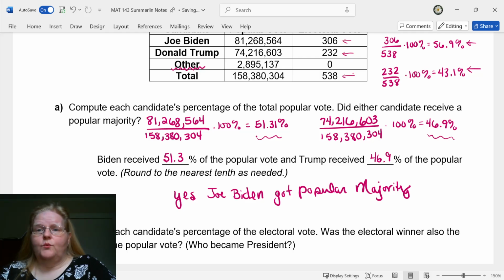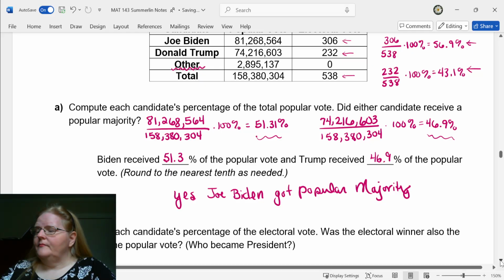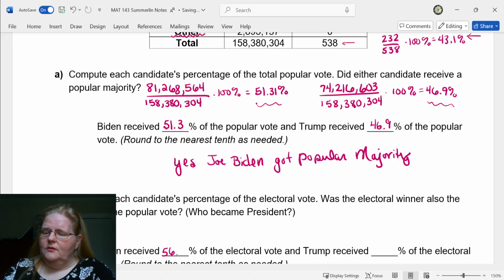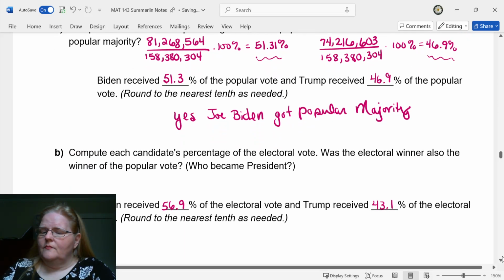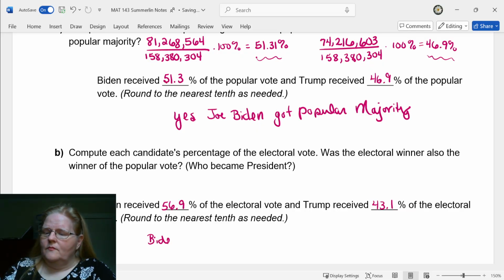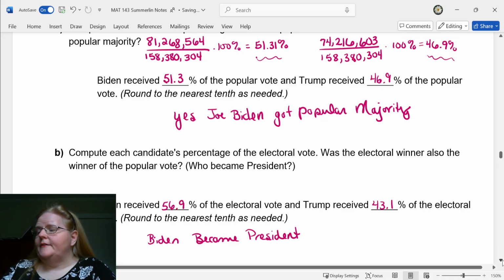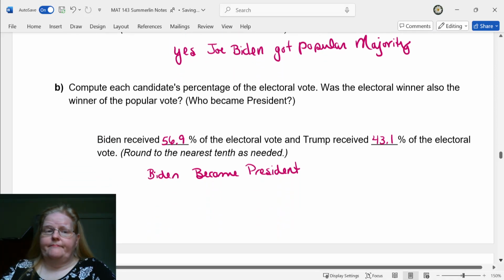So it's going to equal 100%. 56.9, 43.1. Biden became president. The electoral should always add up to 100%.